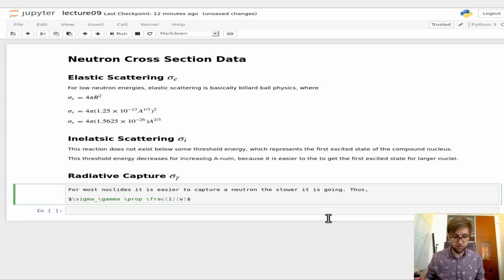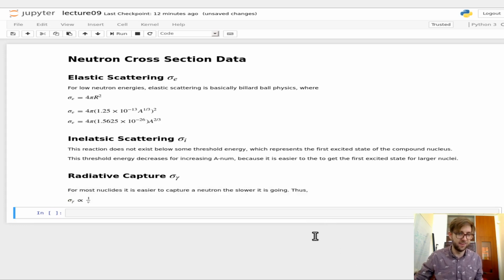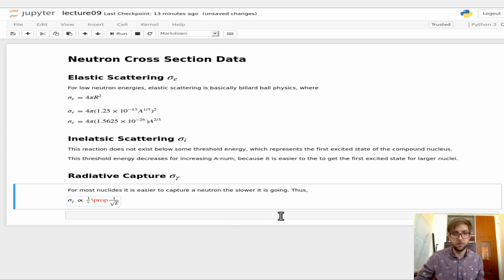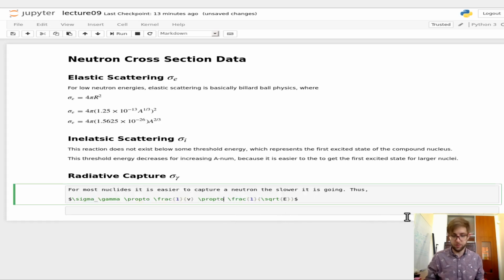And energy we know is proportional to the square of velocity. So in fact sigma gamma is proportional to 1 over the square root of energy.